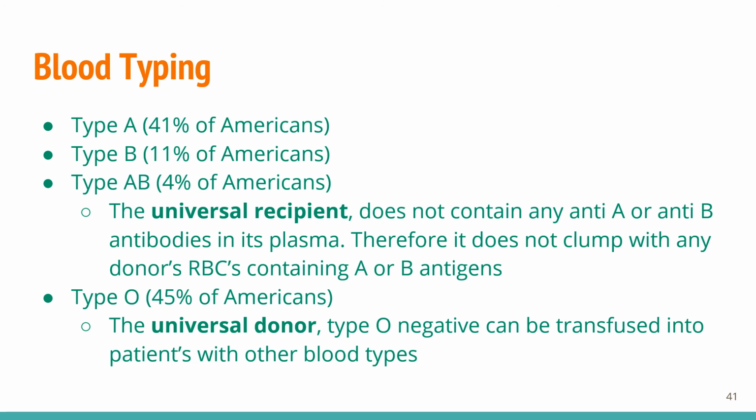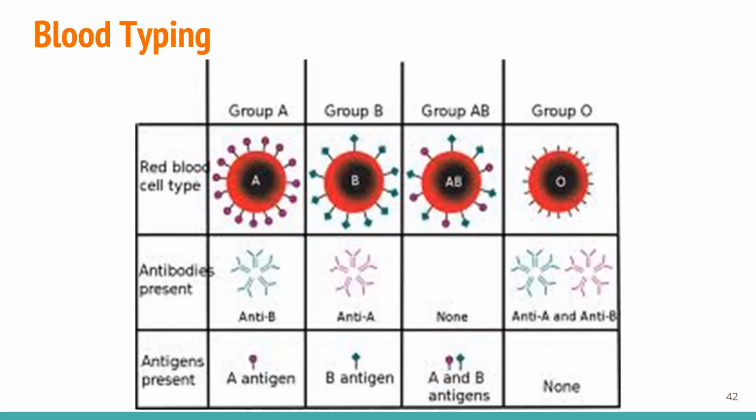This is a little chart that helps tell you a little bit. I write plasma to the left of antibodies present, and antigens present is in the red blood cells. That's where the antibodies are versus the antigens.